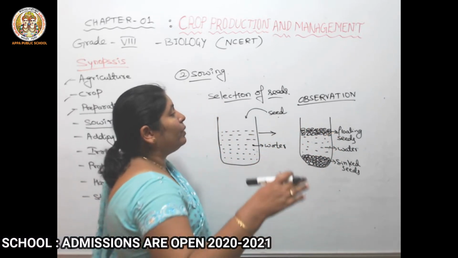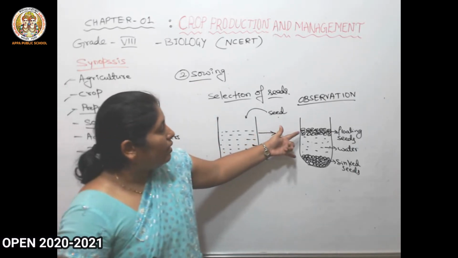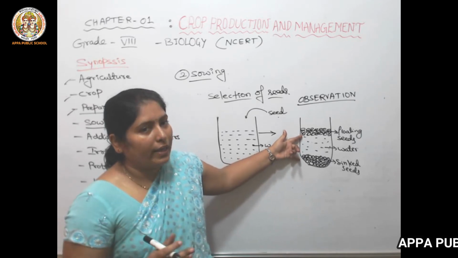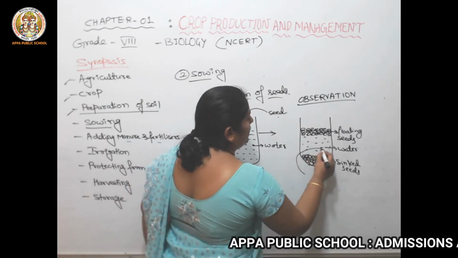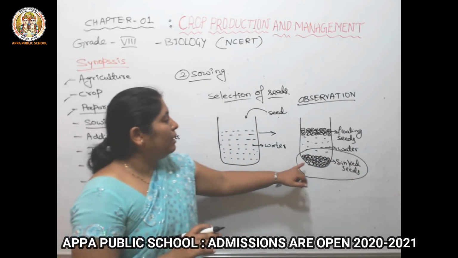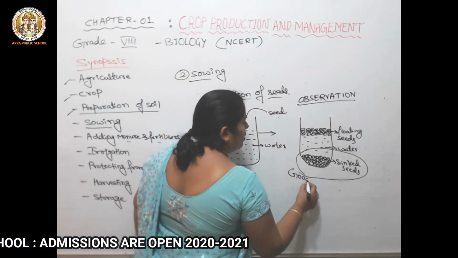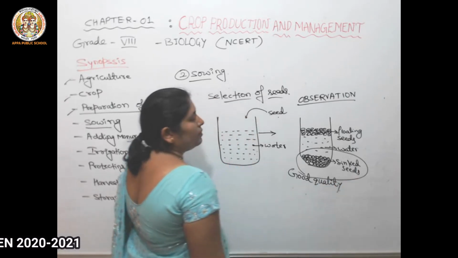So here which one is to be selected for the purpose of sowing? Among these two layers of the seeds, which one is healthy or which one is of good quality, right? We can say that the seeds which are sunk at the bottom are of good quality seeds, right?